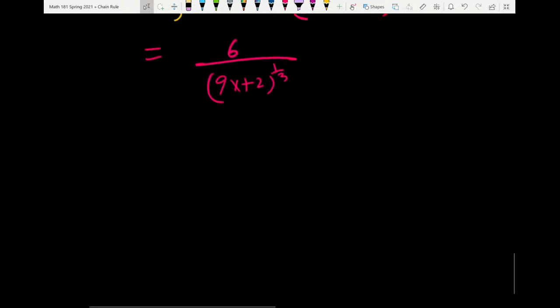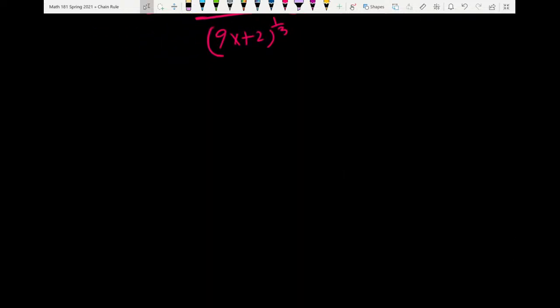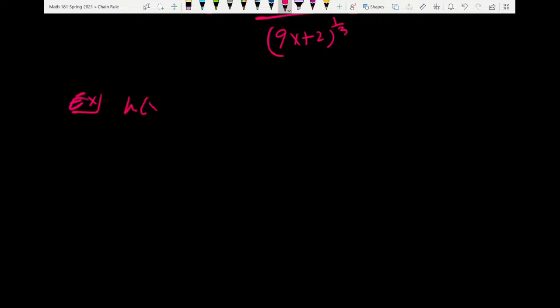All right, let's try this one. Let's find the derivative for this. Let's try to find the derivative for that.